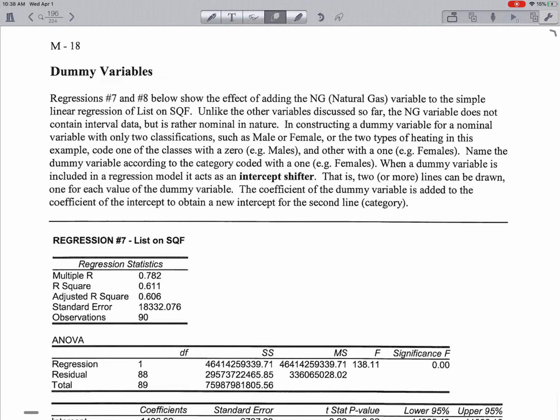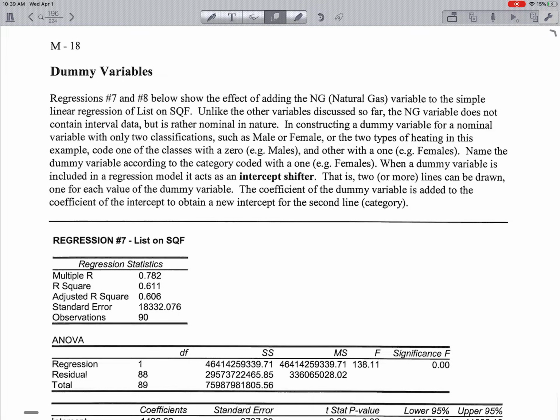So, for instance, are you a student or are you not a student? What's your gender, male or female? Recognizing that some people might put down other, but if just a few people have put down other, you may not be able to include them in your analysis, but you would certainly talk about them in the summary of the variable.